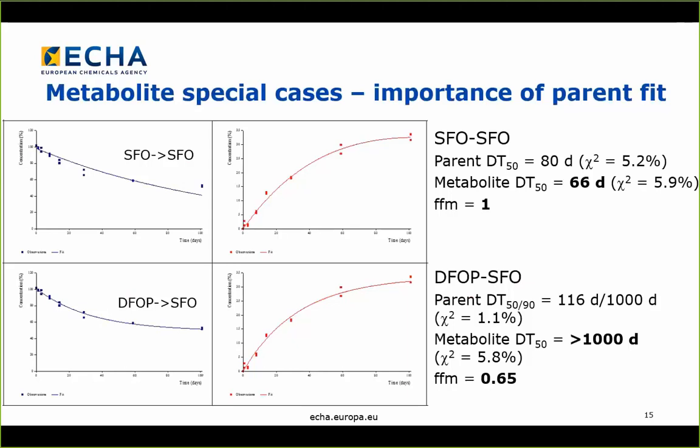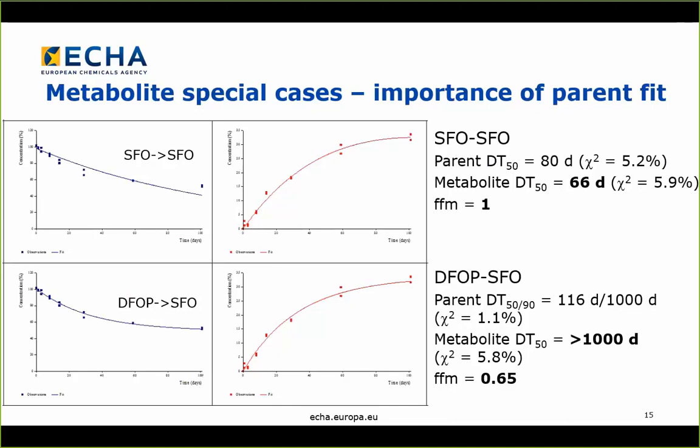If you ignore the bottom one for a moment, the SFO fit to the parent is not terrible, I would say. If you look at the visual fit, it's okay, maybe. Chi-squared is 5.2, and when you look at how good the metabolite fit is, you might be quite tempted to accept that as an acceptable fit. With the SFO model, the metabolite DT50 is 66 days.